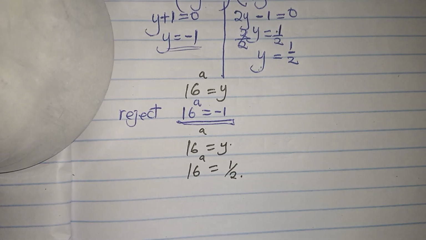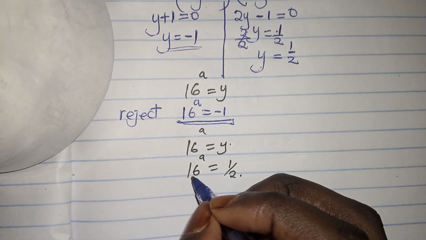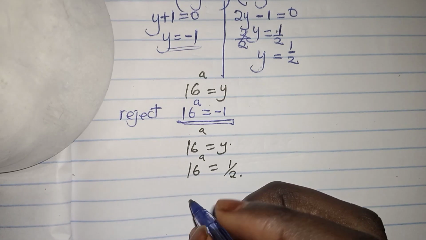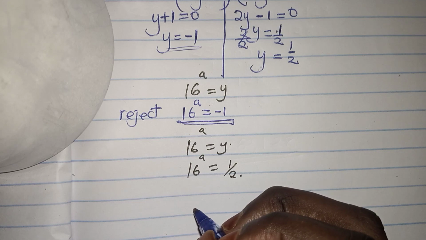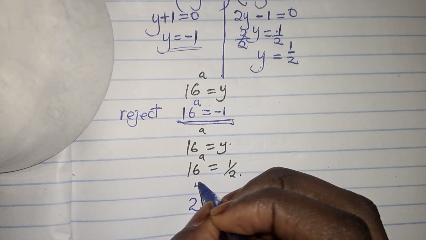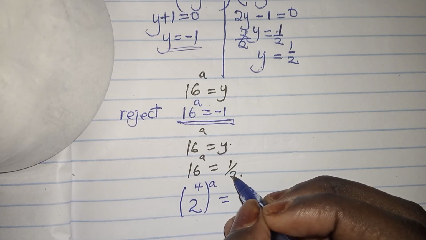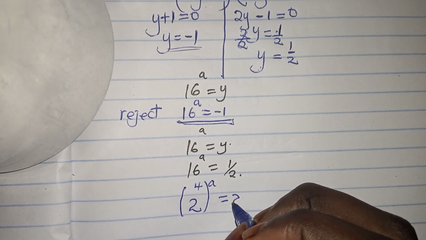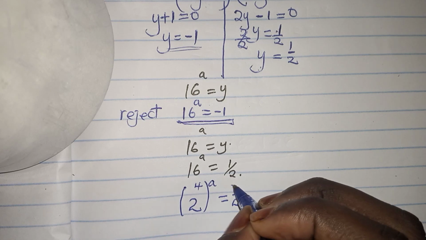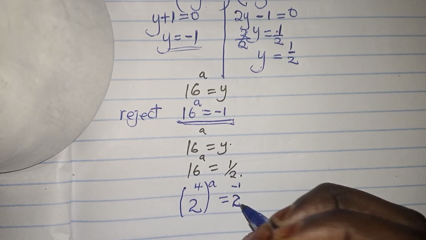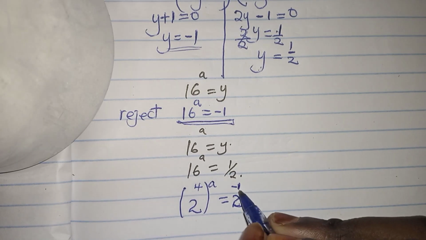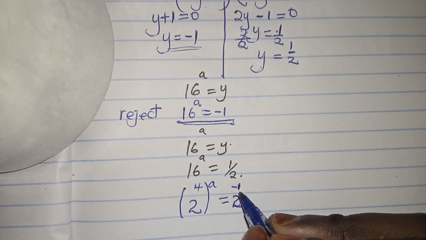So the next step that I'm going to do, I'm going to write it to the base of 2, making my bases the same. 16 we can write as 2 to the power of 4, all this to the power of a, is equal to, and for this one half here, we can write it as 2 to the power of -1. We have made its power negative.